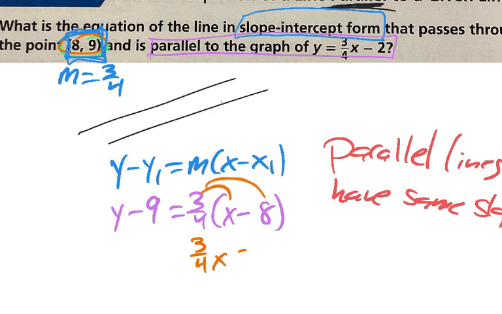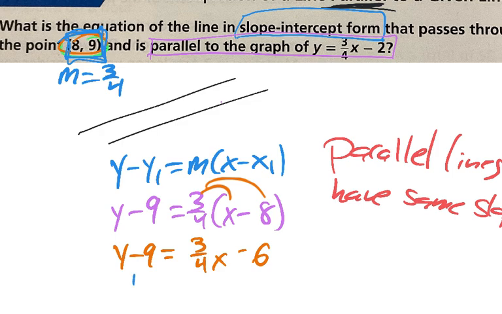There's 8 slices of pizza. If you got 3/4 of it, how many slices did you get? 6. 3/4 of 8 is 6. And if you're not sure, what can you do? Put it in your calculator. Okay. Now, is this in slope-intercept form? No, why not? Y is being subtracted by 9.